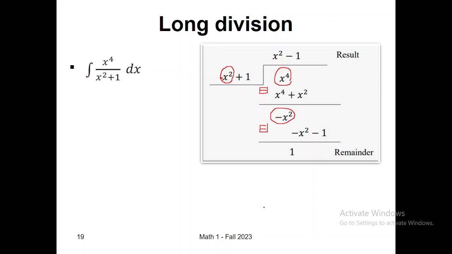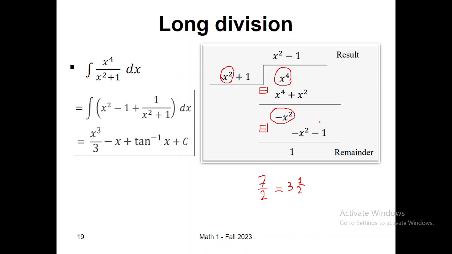For example, if we divide 7 by 2, the result is 3 and a half. 3 is the quotient, the integral part of the result. And now you have also 1 divided by 2. This one is the remainder. We have a similar shape. The quotient is x squared minus 1, and the remainder is 1, which is divided by x squared plus 1.